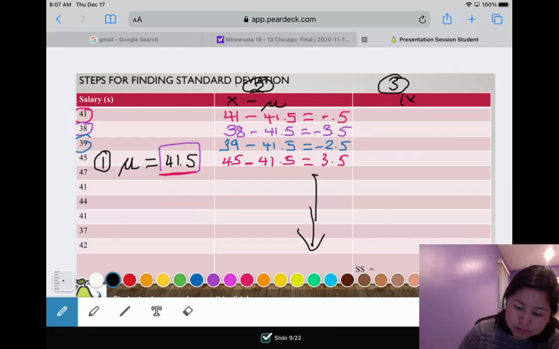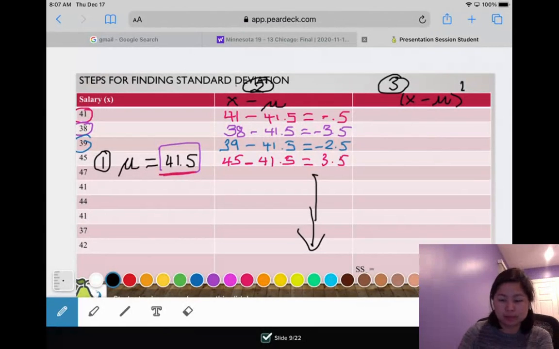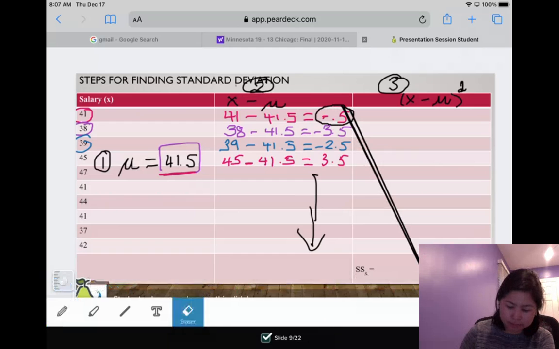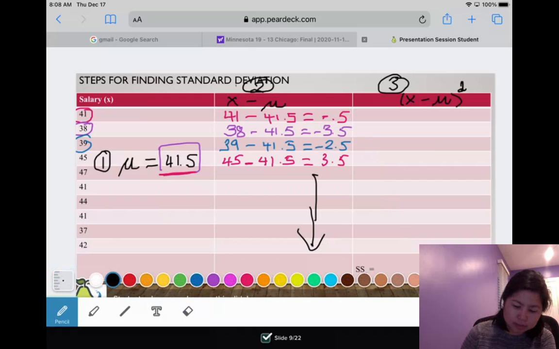So x minus the mean, square it, raise it to the second power. When you subtract, you got negative 0.5 right here. You're going to square it.